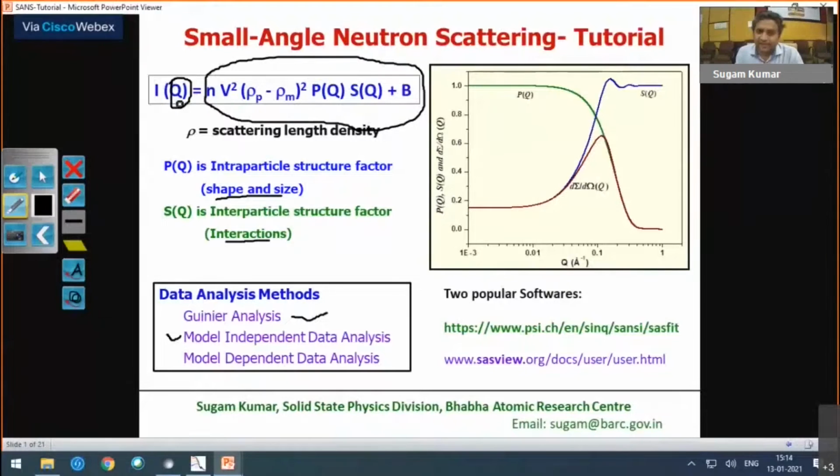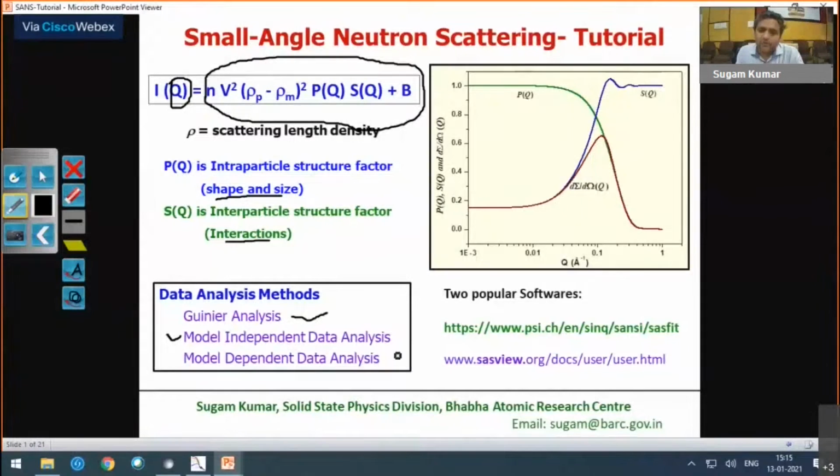If we take the inverse Fourier transformation, we will get the information in real space. So this methodology is employed in so-called model independent data analysis, where we take the inverse Fourier transformation of the scattered data and get information about the real space parameters. I will touch upon this also.